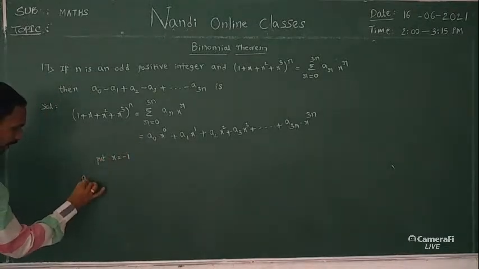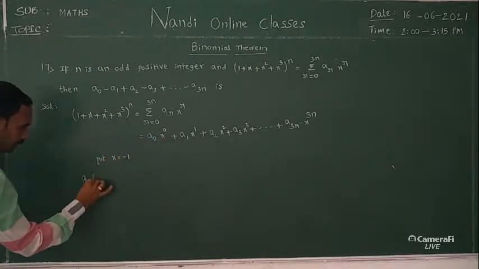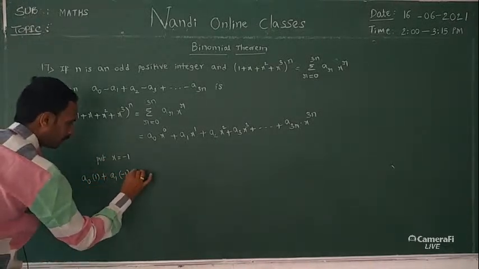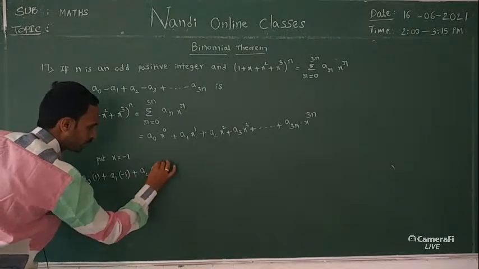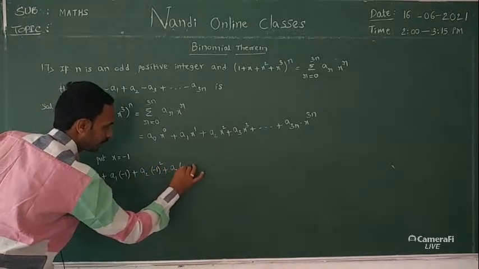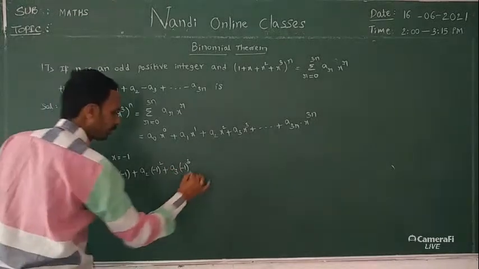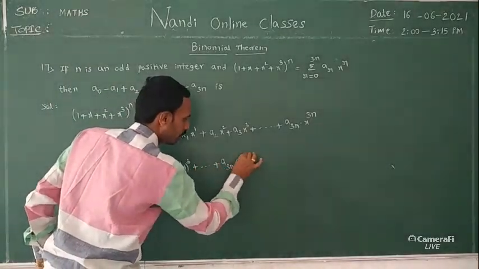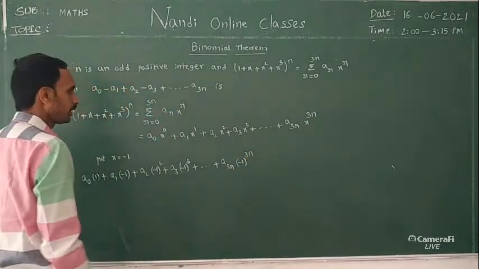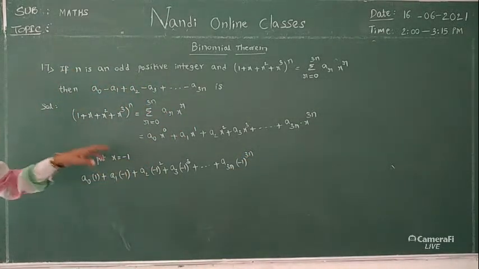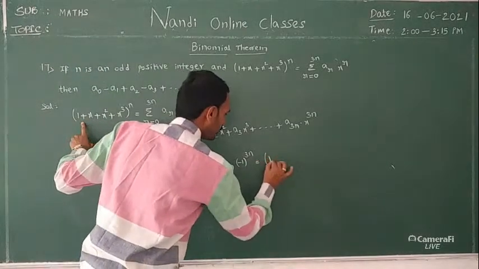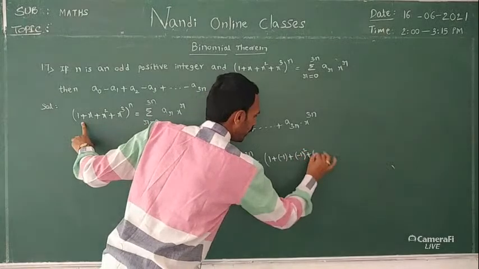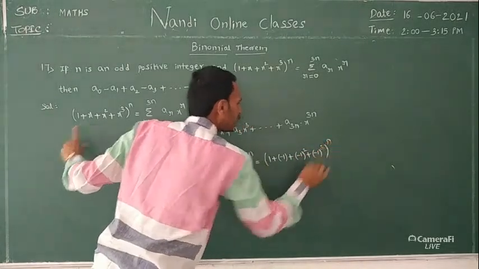You will get a naught, anything power 0 is 1, plus a1 into x value minus 1, plus a2 into minus 1 whole square, plus a3 into minus 1 whole cubed, plus and so on, plus a3n into minus 1 whole power 3n. With x value minus 1 substituted, the right side is 1 plus minus 1 whole square into minus 1 whole cubed, whole power n.